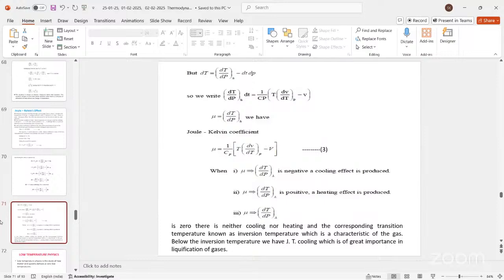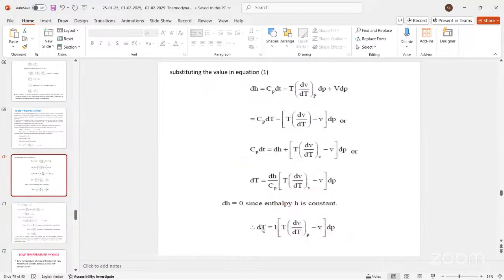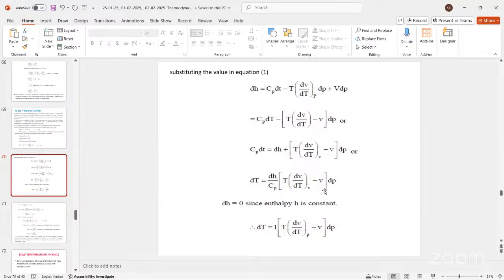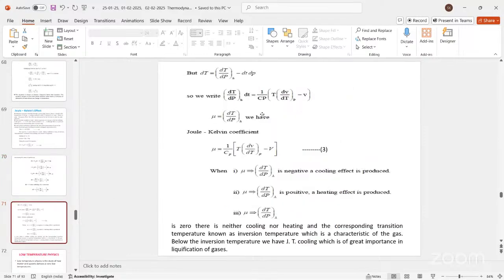But here dT, we are applying this dT, dT by dP at constant enthalpy. So we write the equation: dT by dP at constant H equals 1 by Cp, T dV by dT at constant P minus V, where mu equals dT by dP at constant H, which we already have from this equation.